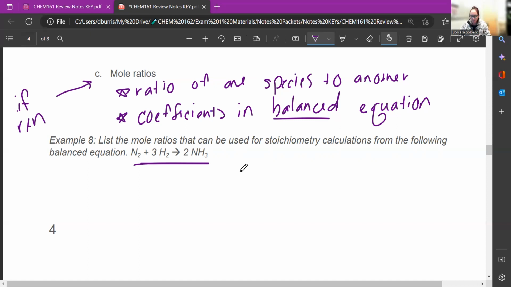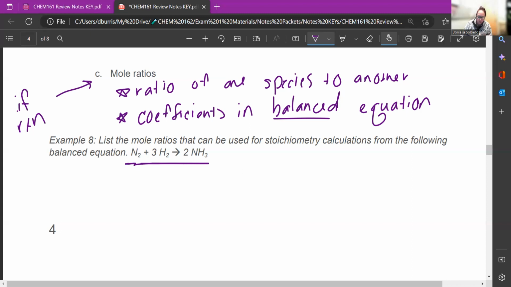All right, so example number 8 says list the mole ratios that can be used for stoichiometry calculations from the following balanced equation. Essentially, you can get 1 to 3, 3 to 2, 1 to 2, whatever it is that you need in order to answer your question. You always want to pull the actual unit out of there.